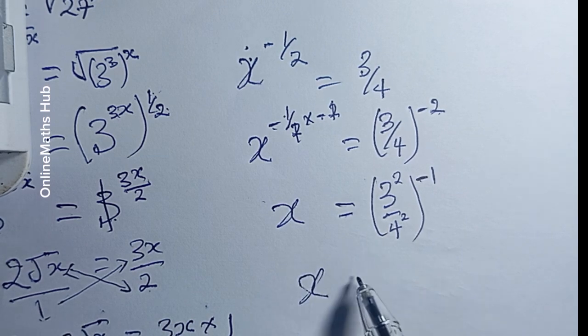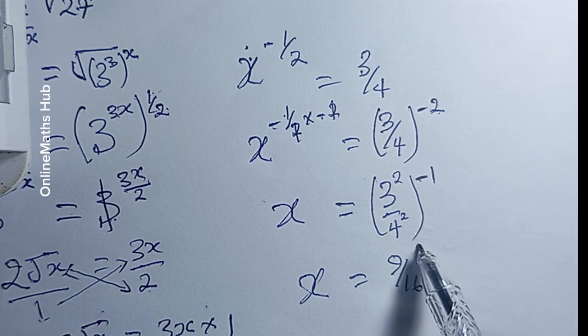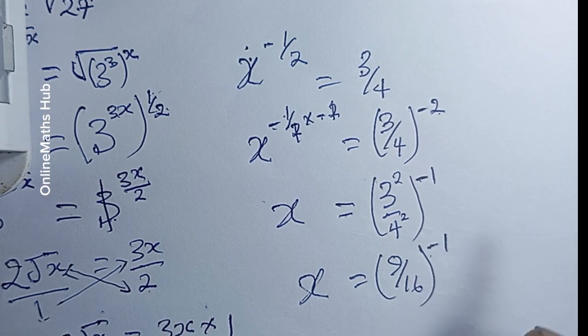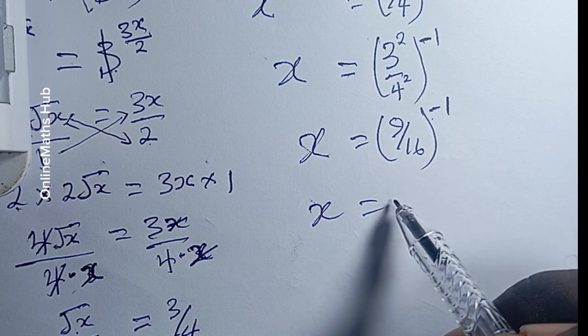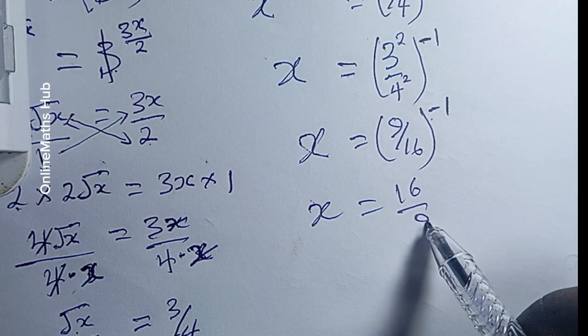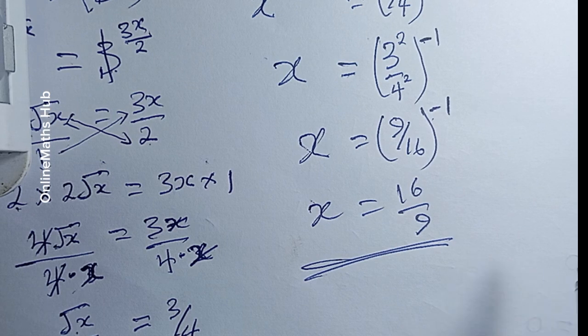So that I'll have that this is equal to 9 divided by 16, all raised to the power minus 1. And of course the inverse of this fraction is just 16/9, which obviously becomes the final answer to this question.